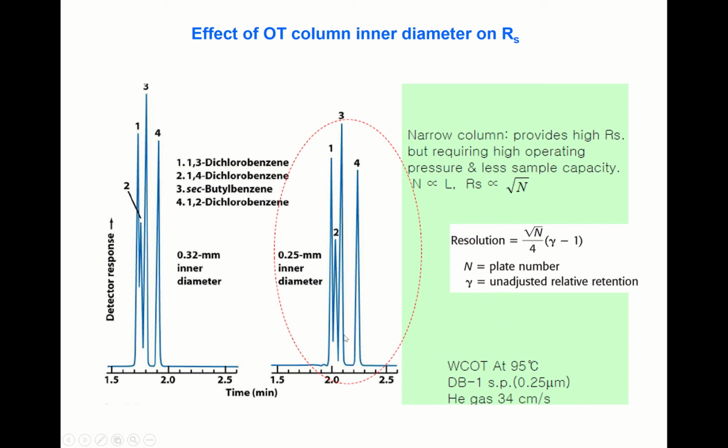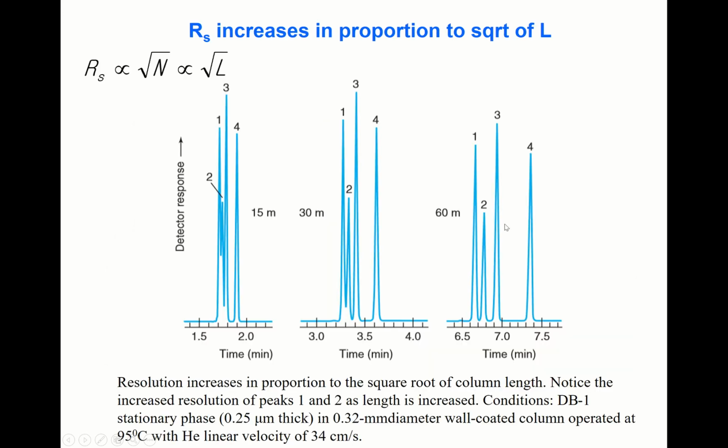This one has been done with a wall coated open tubular column at 95 degrees C. This is the column's stationary phase, and the inner diameter is 0.25 millimeter, and the carrier gas was helium. So resolution increases in proportion to the square root of L, the column length.